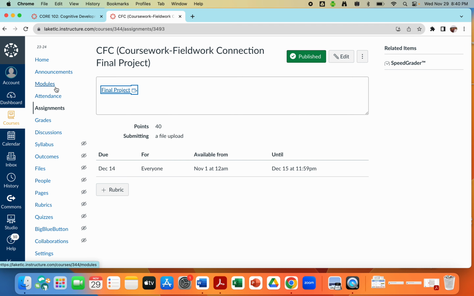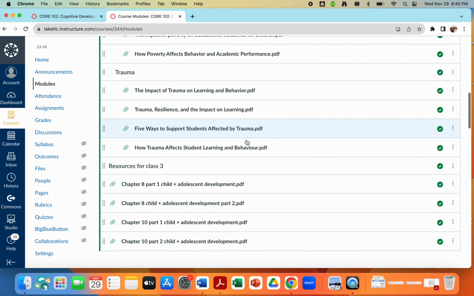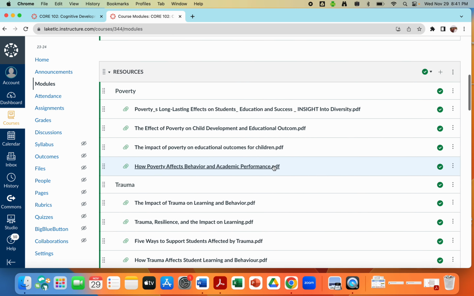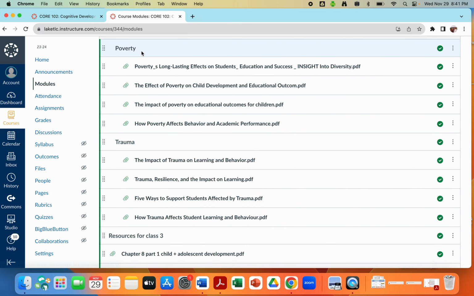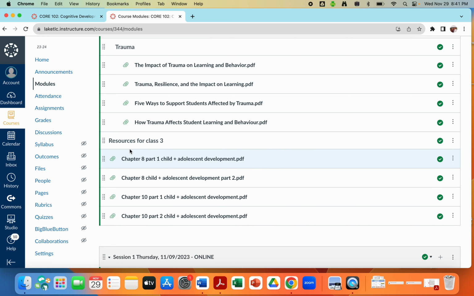One of the other things I wanted to point out under modules is that I did add a new resource. Here are the articles you're reading: for the first reflection, the second reflection, the third reflection, and the fourth reflection. For class 3, we are going to have to do some reading.